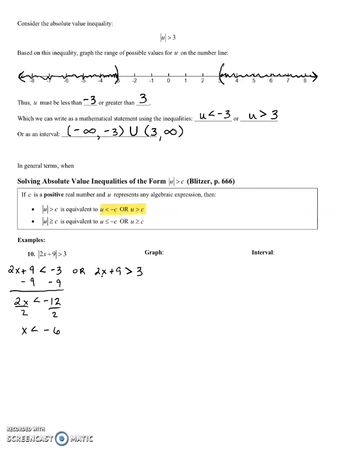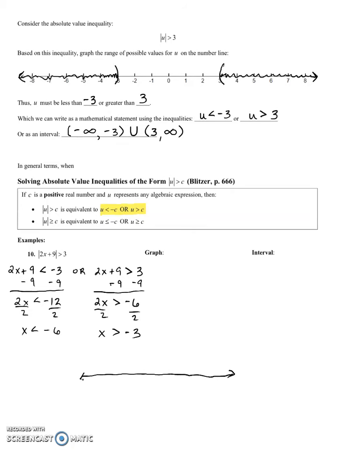Solving the second one, again, by subtracting 9 from both sides, we have 2x is greater than -6. Divide by 2, we get x is greater than -3. So for our graph, which I'll do down here, I'm going to put -6 and -3.